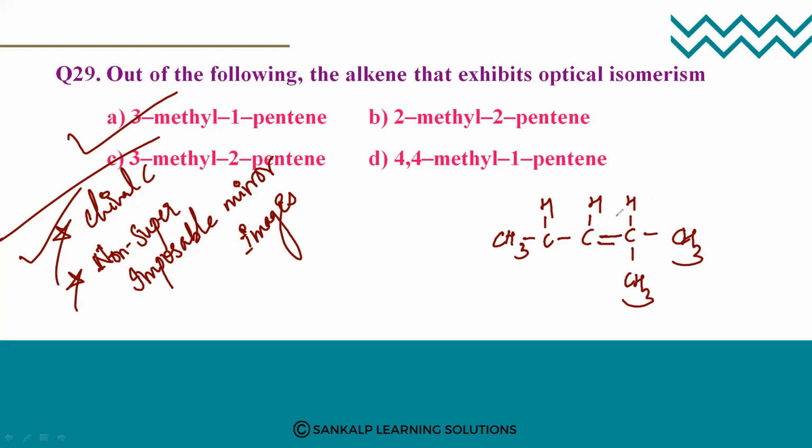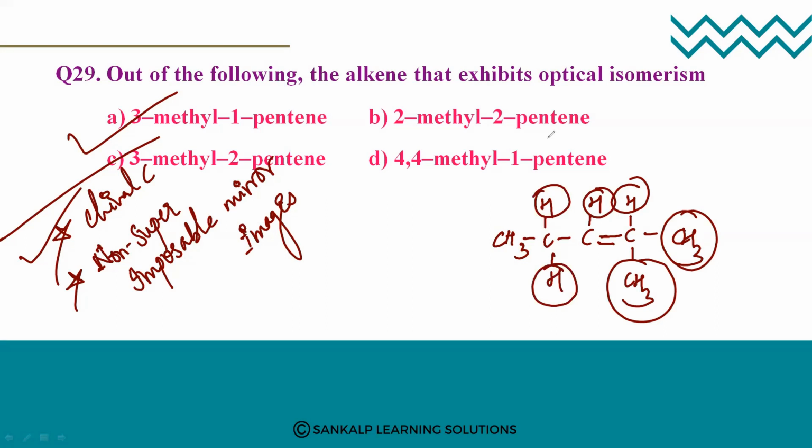Now you see whether it is having any chiral center. First you see 1, 2, 3. So these are same. Here you check one, only one. Here also one. Okay, same atoms are there. So it is not having a chiral carbon.